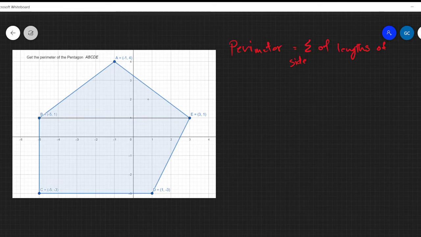Let me just write that. For the perimeter of pentagon ABCDE, we will be getting the distance of AB plus the distance of BC plus the distance of CD plus the distance of DE, and lastly plus the distance of AE.